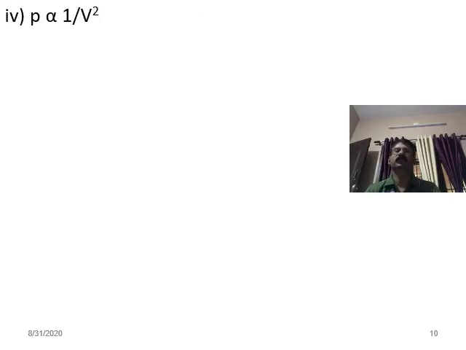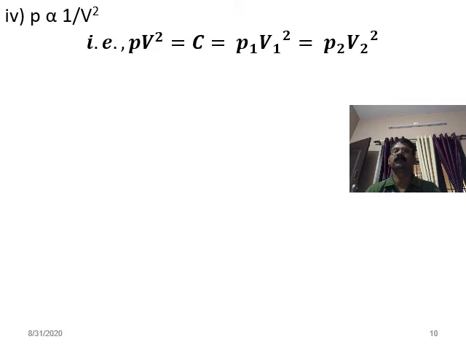Now let us move to the last case. Coming to the fourth case, P is directly proportional to 1 by V square, or P is inversely proportional to V square. So you can write PV square is equal to C, or P1 V1 square is equal to P2 V2 square is equal to a constant.